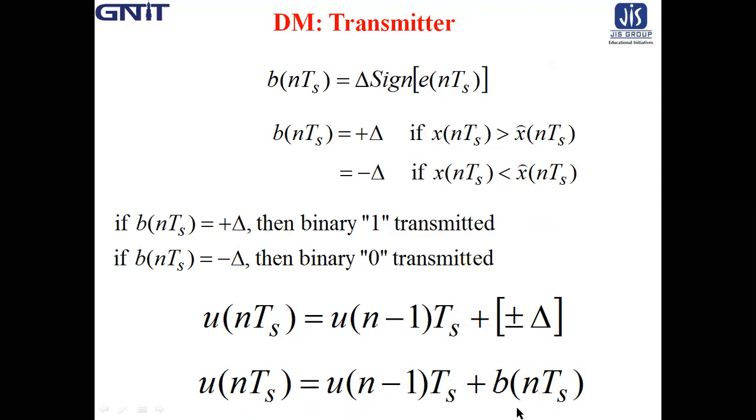If the present sample value is higher than the previous sample value, then one step size, plus delta amount, is added to the previous sample value. And if the present sample value is lower than the previous sample value, then minus delta, that is a delta amount, is decreased from the previous sample value. So this is the principle of delta modulation, where only one bit per sample is transmitted.